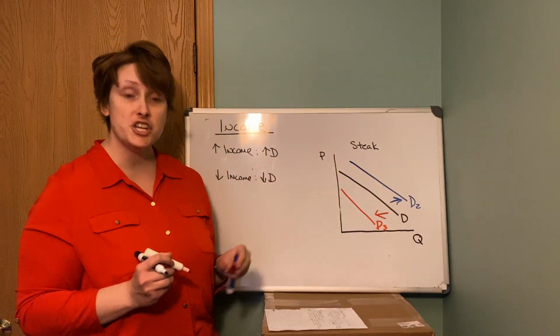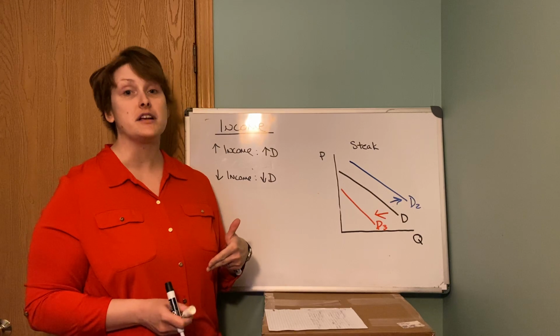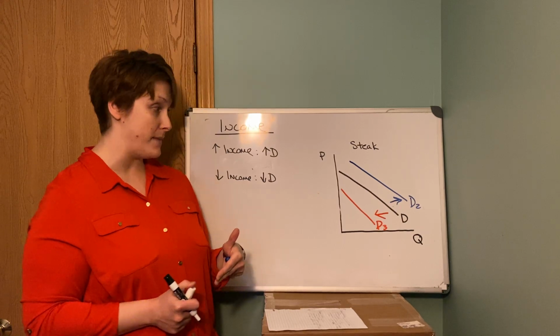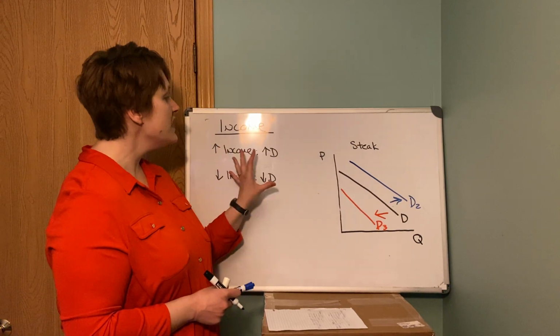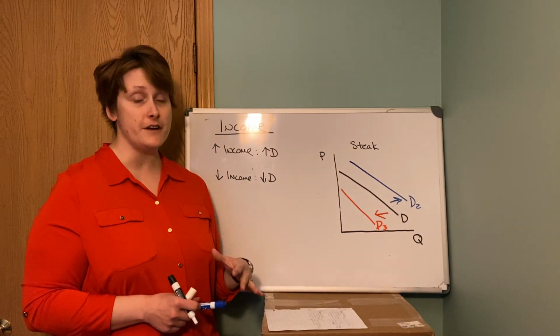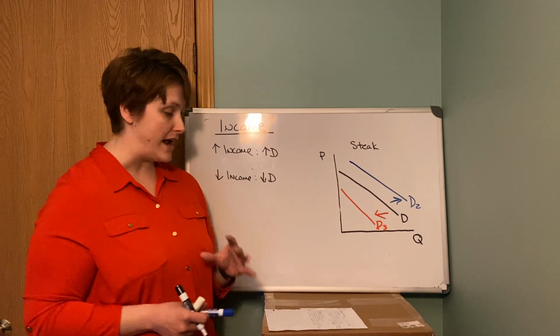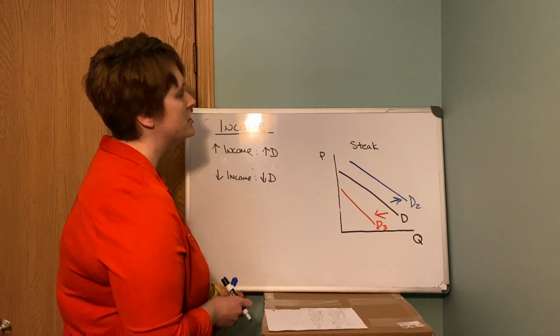Again, a rightward shift in our demand curve represents an increase, and a leftward shift represents a decrease in demand. So these are for normal goods, but in the market for inferior goods, this is actually going to work the other way around. So let's look at that situation.